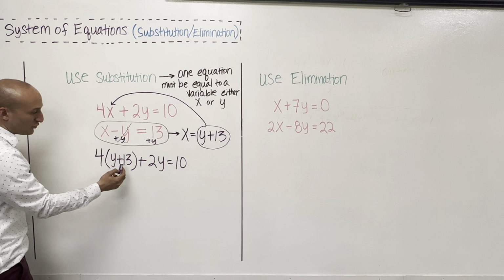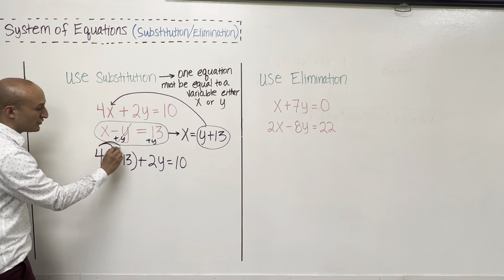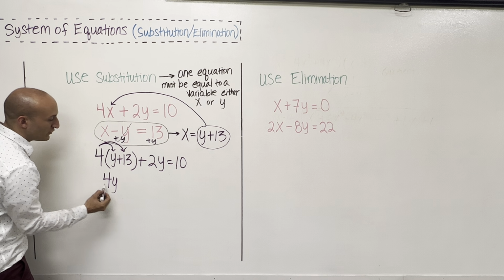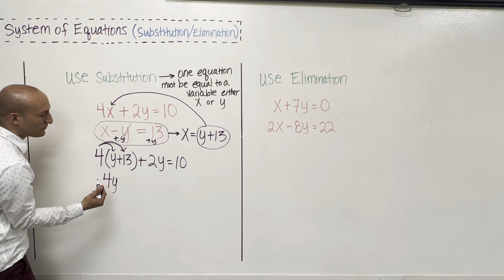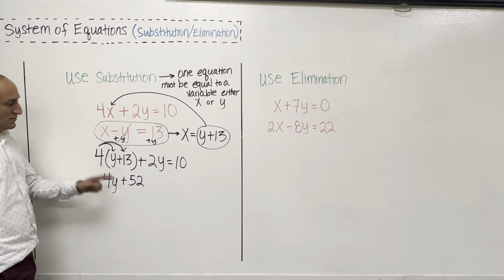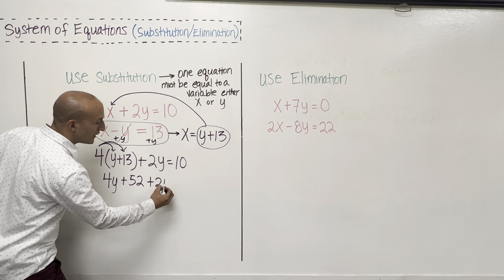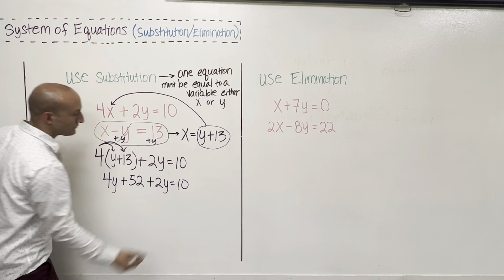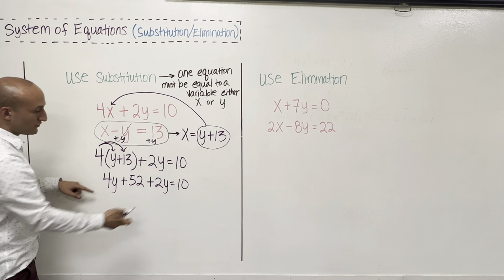Now I have to multiply first, and this is distribution because 4 has to be multiplied to both terms. So I'm left with 4 times y, which is 4y. 4 times 13, quick math, is 52. Right. Plus 2y equals 10. So I distributed, and then I just rewrote everything else.